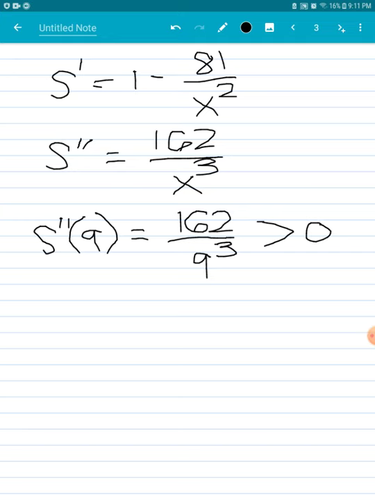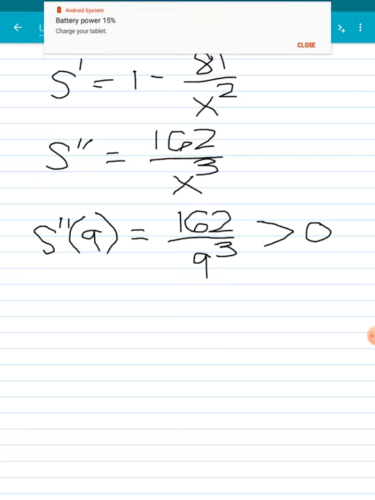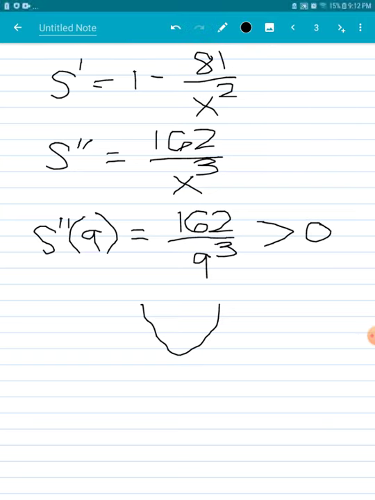And recall that a function with only one critical value and whose second derivative is positive would mean that the graph is concave upwards. So indeed we get a minimum value for the function S.